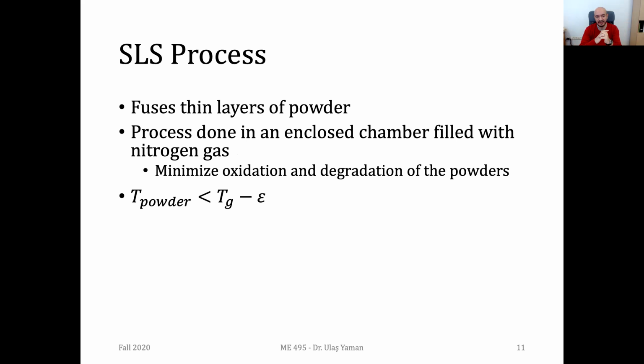And for sintering, obviously, the temperature of the powders should be a bit less than the glass transition temperature. Not too much, but a bit less. It should be less than this value. Otherwise, you cannot control the shape of your layer. So this temperature control is quite important.